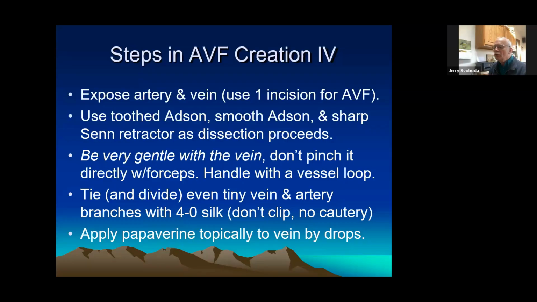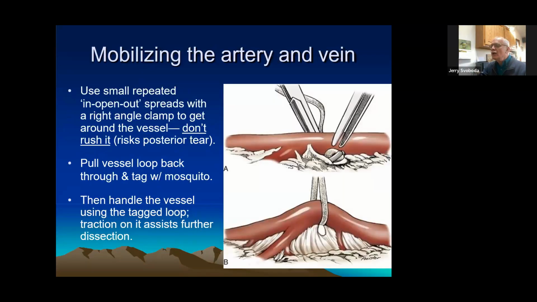But having the nurse over your shoulder put a few drops of papaverine right onto the vein will be very helpful in making fistulas. Next, using a right angle clamp, as you see in the upper picture, to pass an umbilical tape or a rubber band.